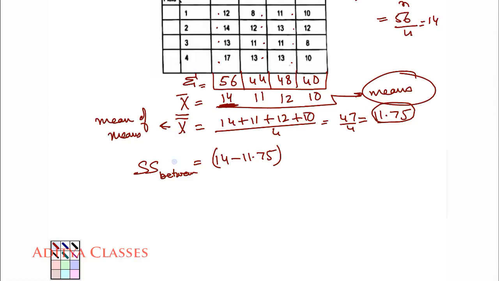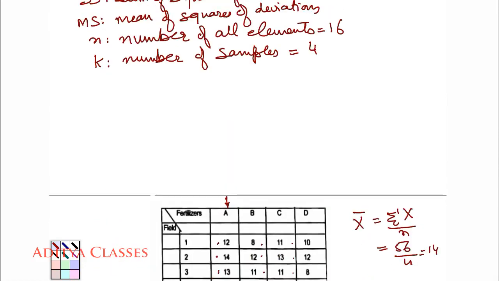And because we need the sum of squares, it will be squared. And as we have n number of elements, 4 elements, 1, 2, 3, 4, we'll put a 4 over here. And if you wish, we can write down the formula over here.